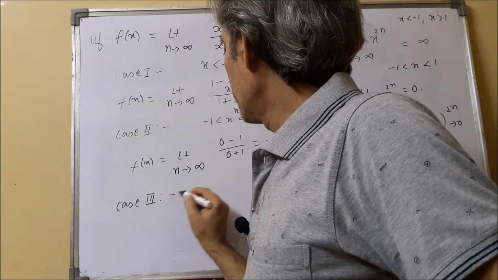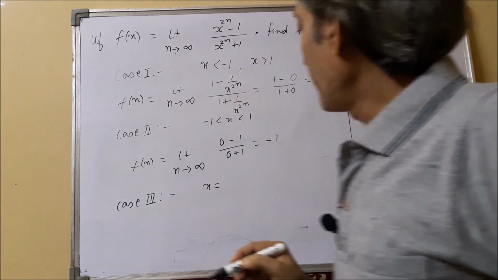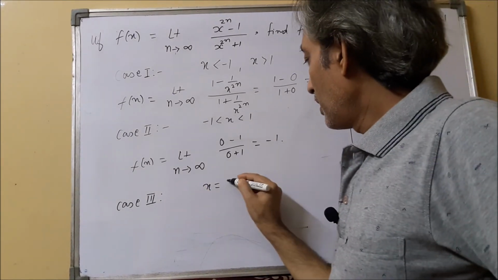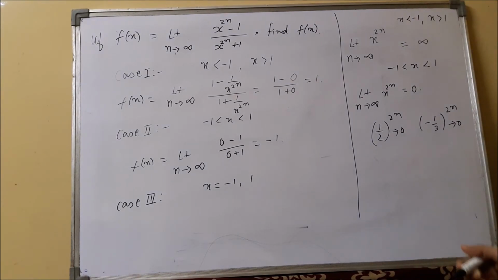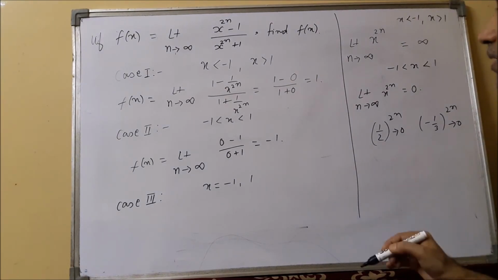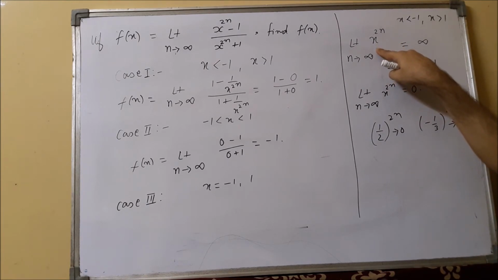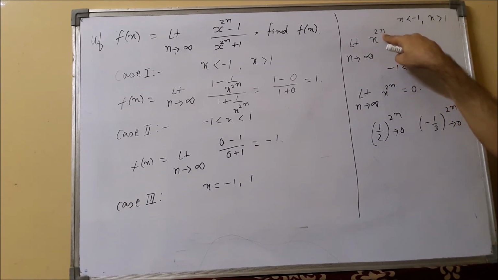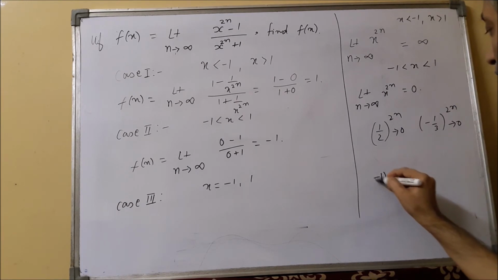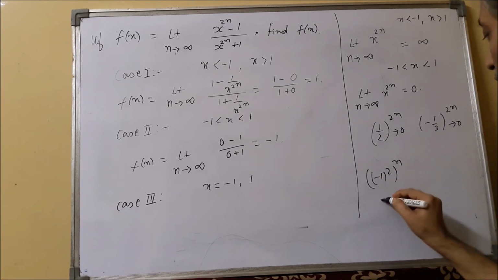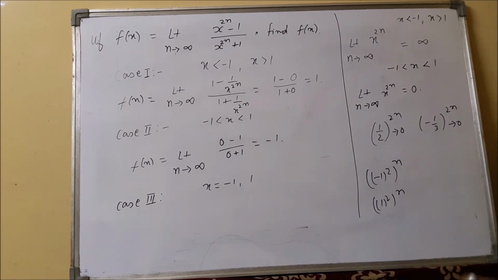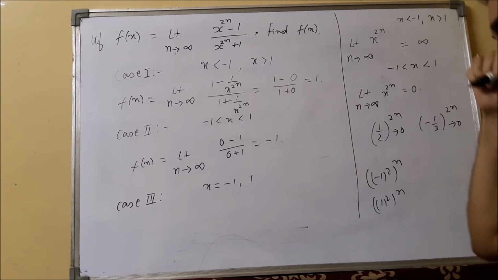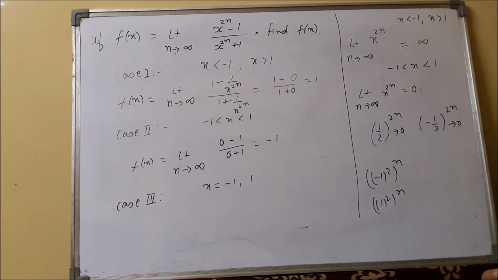Now case 3. When x is either minus 1 or plus 1, in that case what will happen? Look, 1 raised to the power, since here it is 2n, means minus 1 square to the power n, or 1 square to the power n. This is 1, raised to the power n, n is approaching to infinity.